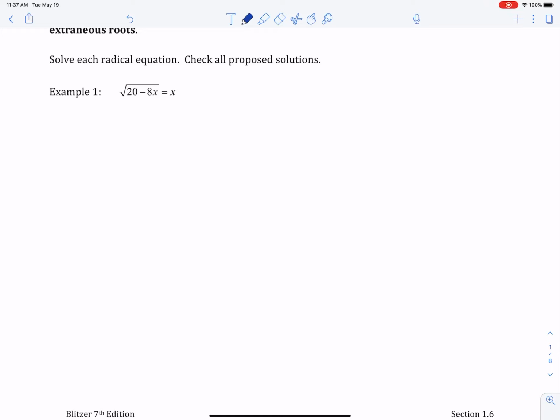As we mentioned already, in this question the radical has been isolated already. So I'm going to step 2, which is to power both sides by 2. Because this is considered a second root, when we square it, the square root and the power of 2 are going to cancel each other.